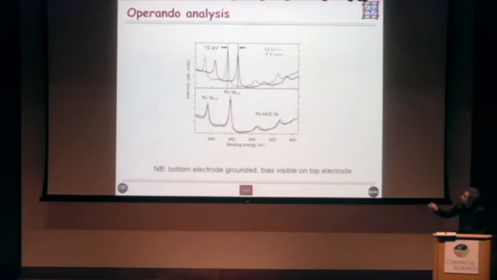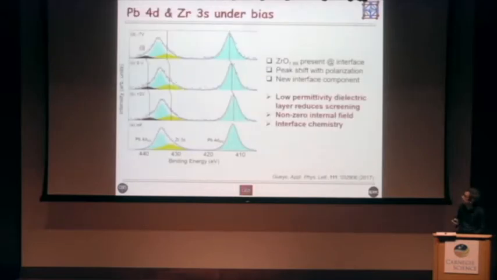So the spectra are offset by 10 volts. If you correct for that, then of course the electrode core levels coincide. But you can see here there are residual differences in the emission coming from the PZT. And these residual differences are therefore due to the polarization state affecting the PZT near the interface.